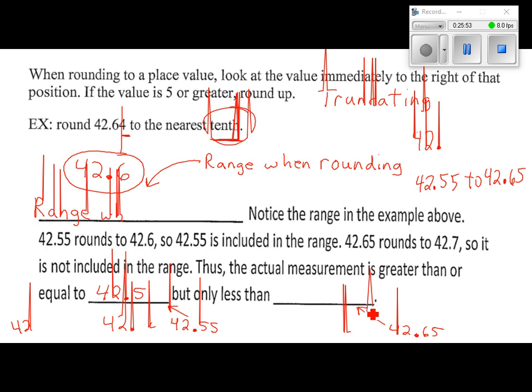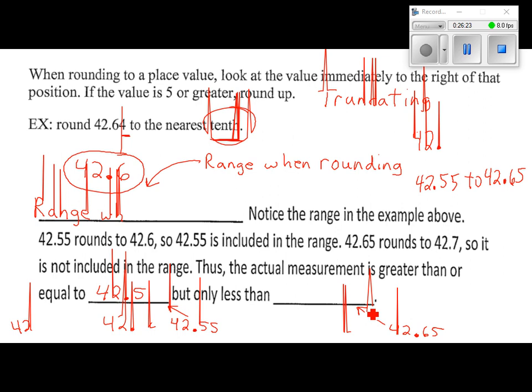The reason for that: when we round it off to the nearest tenth, that means a tenth is our smallest unit of measurement. What's half of a tenth? We take 0.5 times that, and you get 0.05.